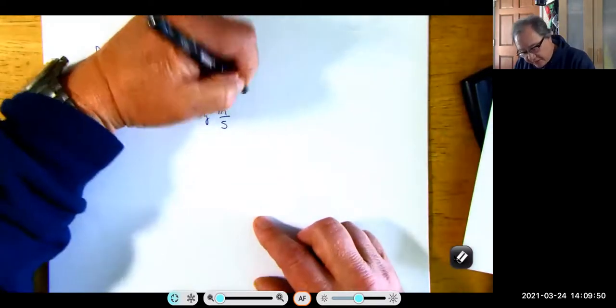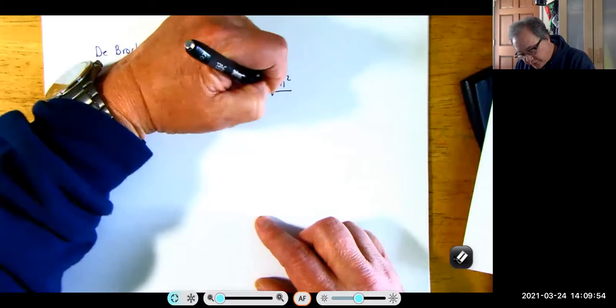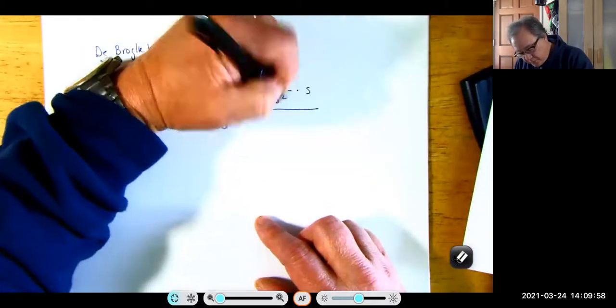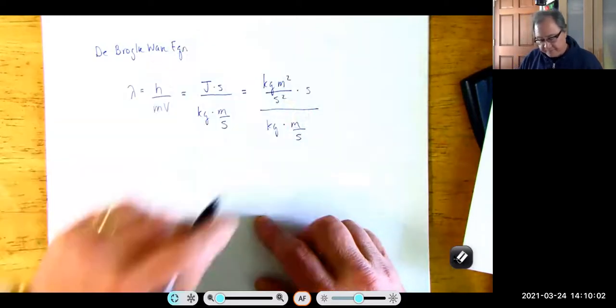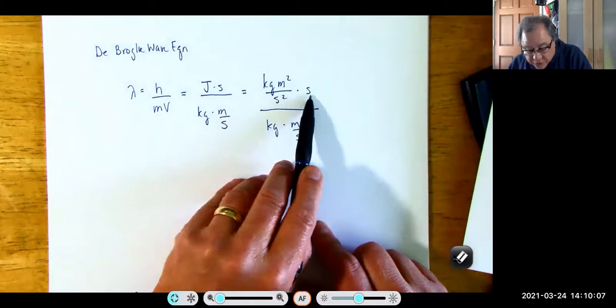Then we substitute kilogram meter squared per second squared for joule, and we have joule second over kilogram meters per second. Can you see how this second cancels with one of these?